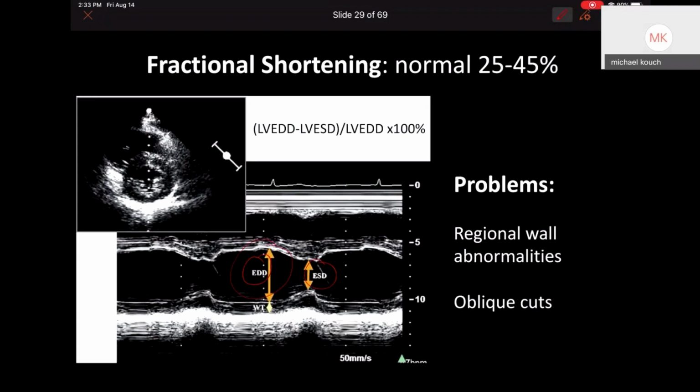Fractional shortening is not the same as ejection fraction, right? So a fractional shortening of 25 to 45% is going to be normal. So less than that is abnormal. Now, you can imagine that you need all of your walls to be functioning well for this to actually be reliable. So if you had an inferior wall myocardial infarction, this posterior wall is not going to move very much, and therefore fractional shortening is not going to be a good way to assess your systolic function.